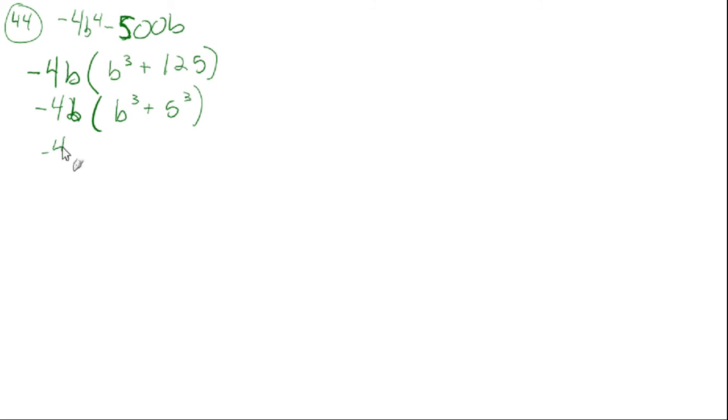So this is negative 4b times b plus 5 times b squared minus 5b plus 25, because that's 5 squared. So that is the factored form of a sum of cubes. Okay. Next we'll do number 50.